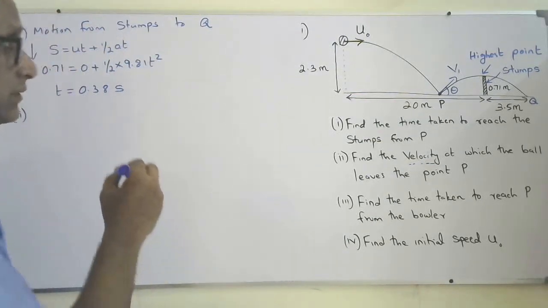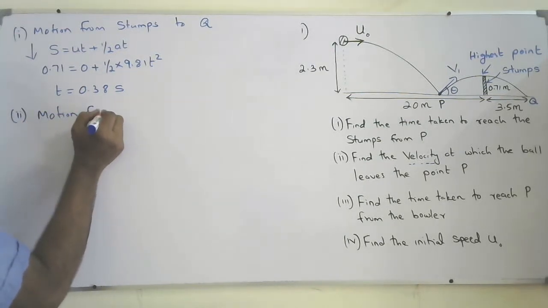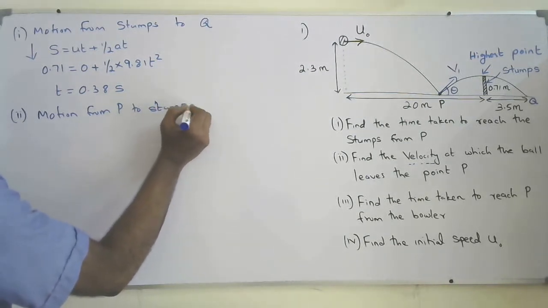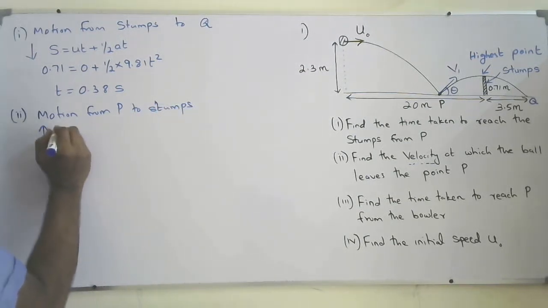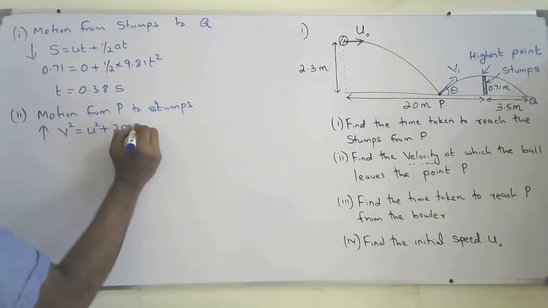So I'm going to consider the motion from P to the stumps, vertically, and I can use v squared equals u squared plus 2as.